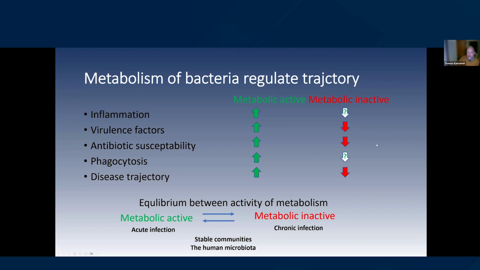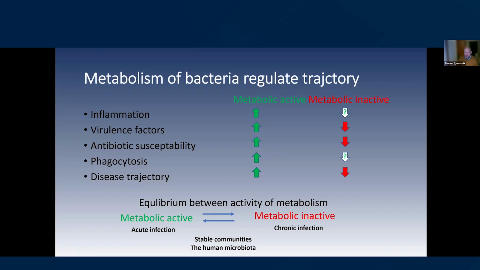Whereas if we have metabolically inactive bacteria, we probably have a little less inflammation, or at least acute inflammation, and fewer virulence factors, but the susceptibility goes down, and the disease trajectory becomes chronic and persistent, though it is not killing as much tissue as in acute infections. We think there is an equilibrium between the activity of the bacteria, with acute infections dominated by metabolically active bacteria and chronic infections by metabolically inactive bacteria.